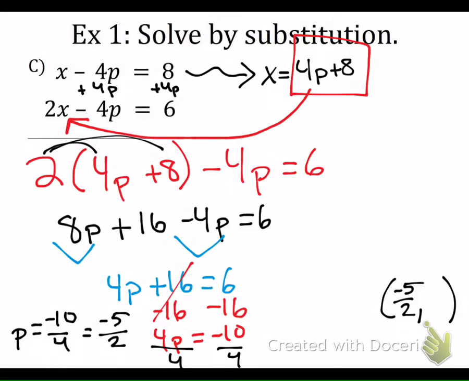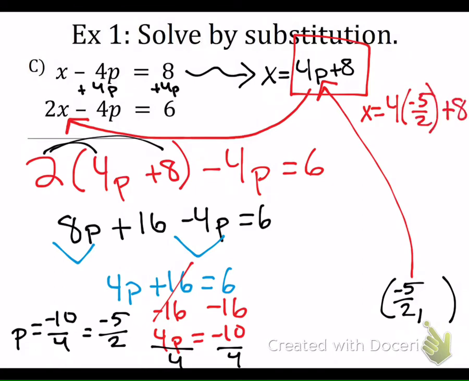Okay? Now, yes, I'm going to plug in negative 5/2 for p. You can go back to the original if you want. Here, x is already isolated. So this is going to simplify, and I don't even have to do any inverse operations.